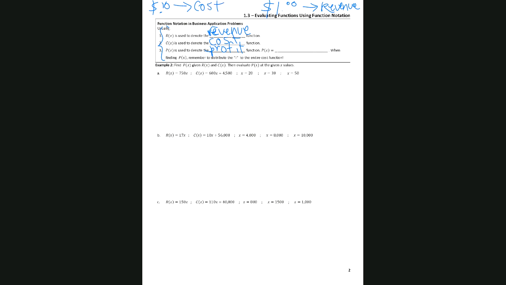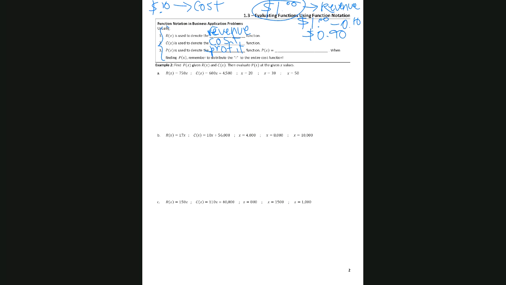McDonald's doesn't get to keep that whole dollar. They get to keep $1, the revenue, the money they're taking in, minus the 10 cents it cost them to make the burger. So the profit will be 90 cents of a dollar. How do we know that? We subtract $1 minus 10 cents.